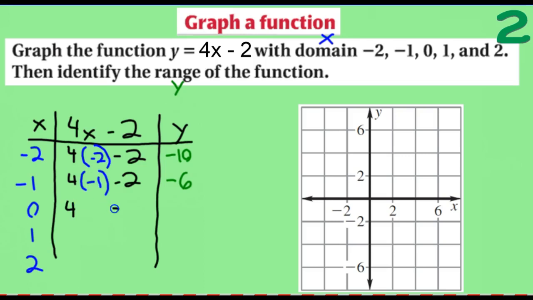4 minus 2, but the 4 is being multiplied by 0. 4 times 0 is 0, minus 2. 0 minus 2 gives us a -2.